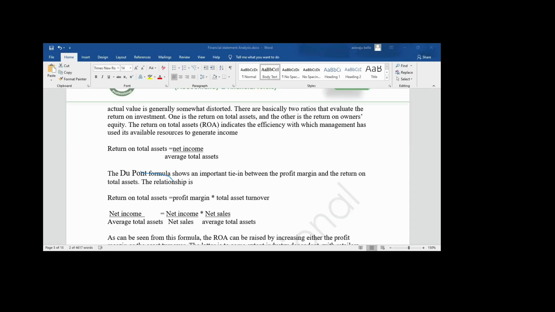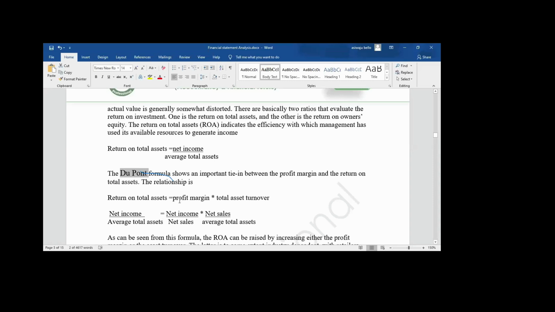Our return on asset is calculated as profit margin multiplied by total asset turnover. Look at it, please. Return on asset is equal to net profits or net income over total assets.